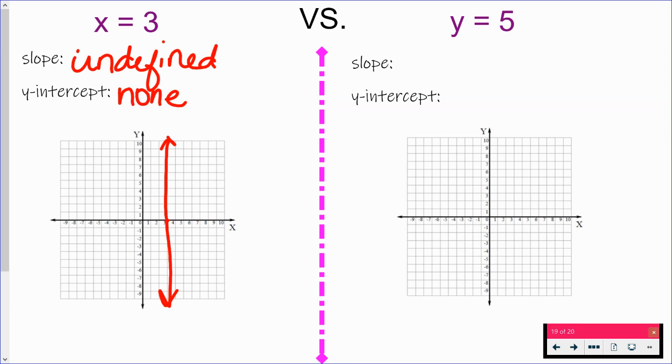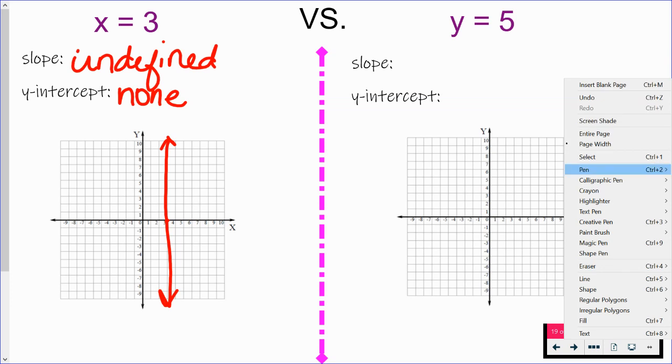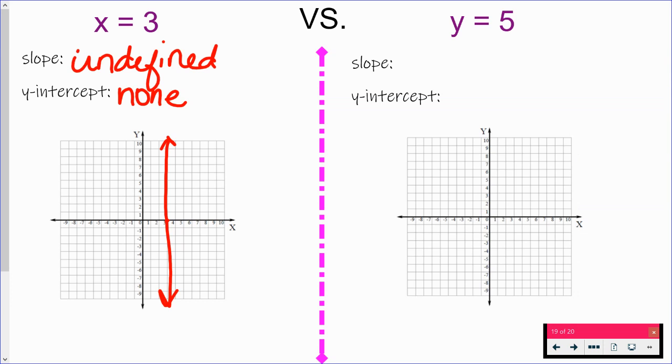Now, when you see y equals a number, and this is always with just y equals a number, if it was y equals 5x, then that's a different story. That's going to give you a diagonal line.